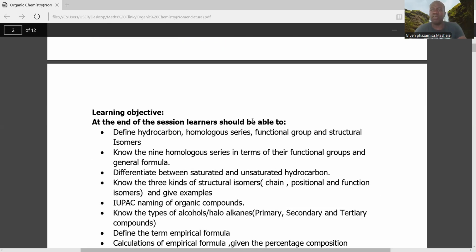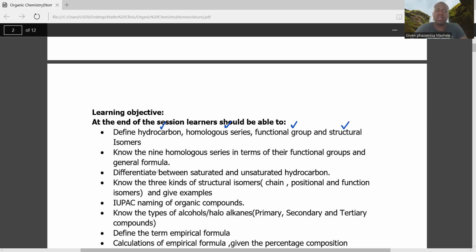Right, in terms of the learning objective, at the end of this session, a learner should be able to define what is called a hydrocarbon. You need to be able to know what is a homologous series. You must also be able to know what is a functional group and what are structural isomers.